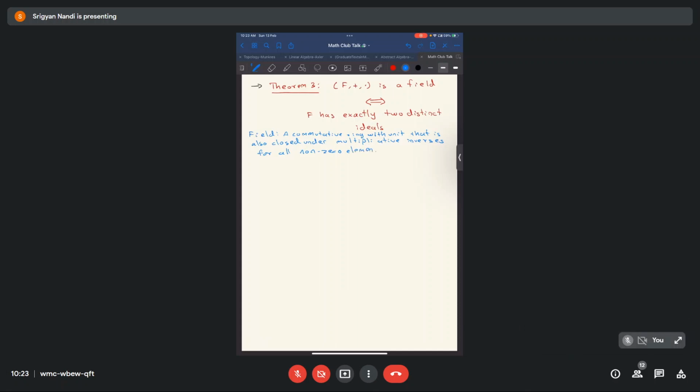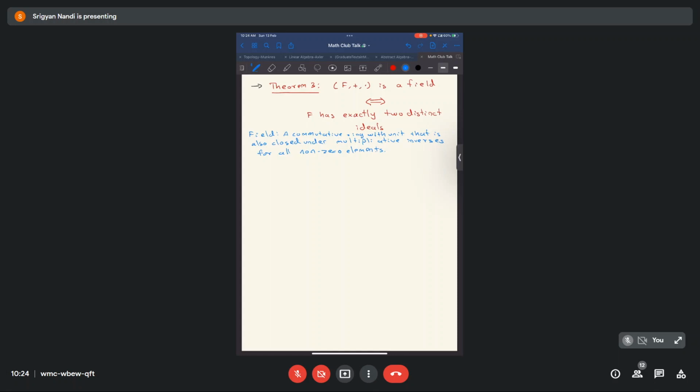So a field, basically, you can think of it as a ring that has the whole package. It has perfected and basically maxed out on all its settings. It forms an abelian group under addition, meaning it is closed under addition, it is closed under additive inverses, it is commutative under addition, and it's associative. And a field also has all the properties for multiplication over its non-zero elements. So it's commutative, it's closed, it's associative, and in this case, it is also closed under inverses.